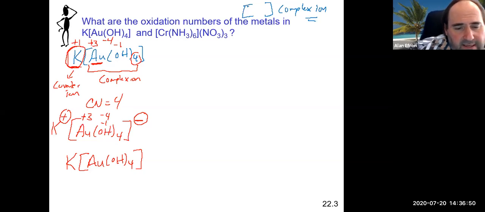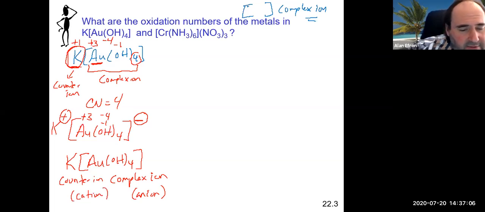In this particular case, our complex ion is an anion, and our counter ion is the cation. And as we'll talk about in just a second, just like normal ionic compounds, it is always positive then negative, right? So cation then anion. And that's exactly how we should look at this. Any questions on that first one there?